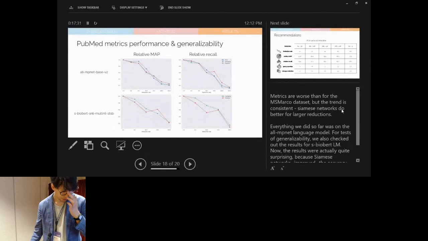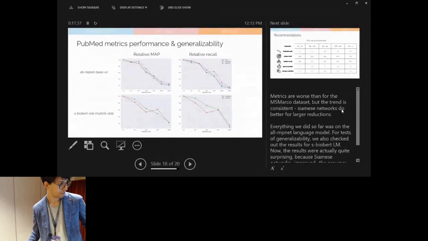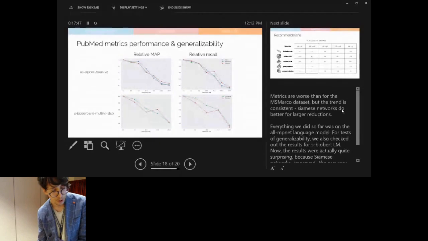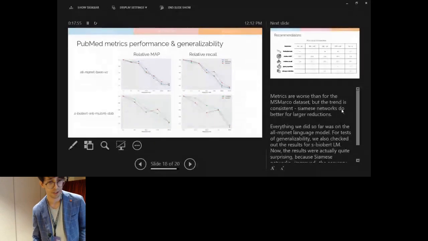What is interesting is that apparently the SBioBERT wasn't fully trained, because once we applied the Siamese networks, we actually got better, both in terms of accuracy and recall. But this is a quirk of a model, not of the method, so we normalized it to just stick to looking at the trend.